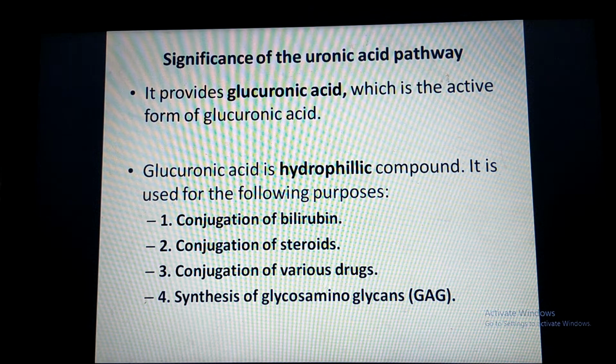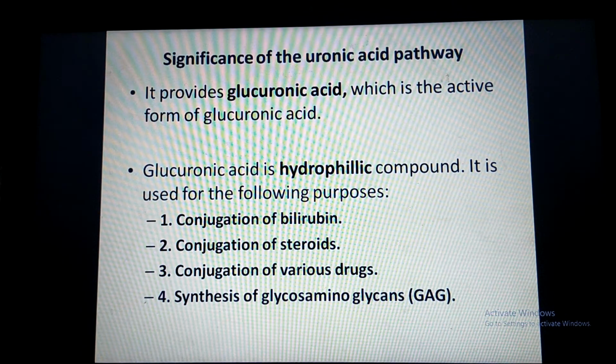So glucuronic acid is hydrophilic compound, as I have told you, which is used to convert the hydrophobic compounds into hydrophilic or amphipathic compounds. This is essential because hydrophobic compounds cannot be transported through the blood and hence they cannot be excreted through the kidney or through the bile.